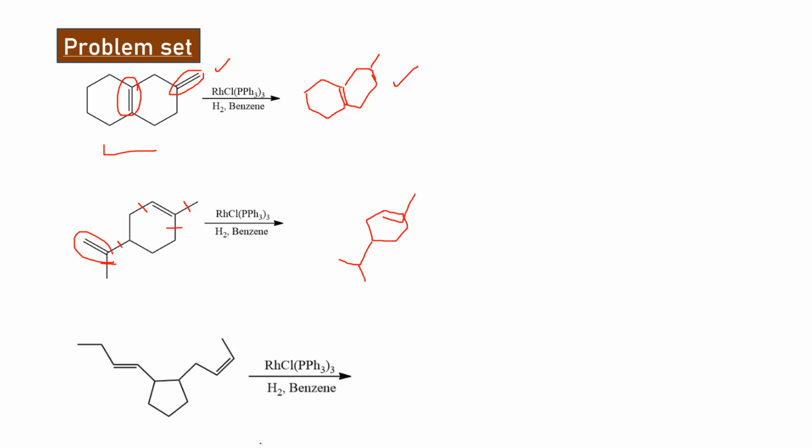In this case, one is trans, another is cis. As the reaction goes through a cis addition pathway, therefore the cis alkene will react at a faster rate compared to the trans alkene.